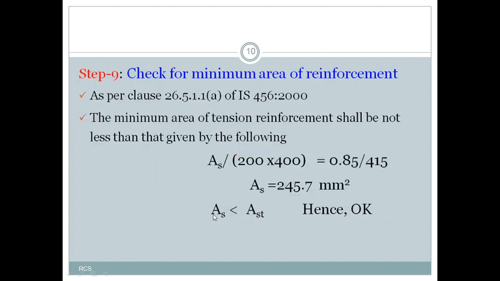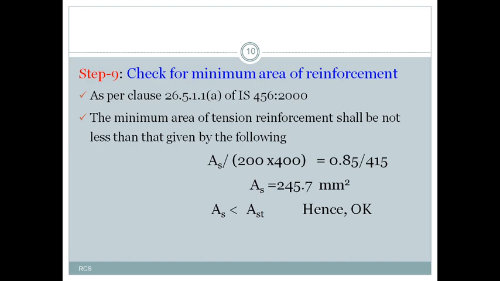So our minimum area of tension reinforcement is less than the obtained area of tension reinforcement. So we can say we are safe in minimum area of reinforcement, as we are providing more area than the minimum area required for the tension zone.